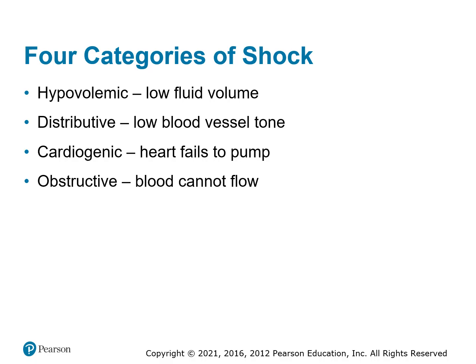I did say that fluid leaks out in sepsis, so there is a little bit of loss of fluid, but it causes another thing that happens. It's an immune response. An allergic reaction is an immune response that causes dilation of the vessels. So sepsis, anaphylaxis, and neurogenic shock are all types of distributive shock, and they're all caused by low blood vessel tone.